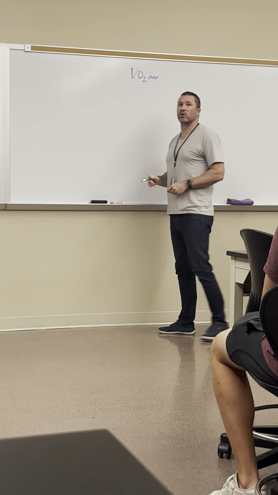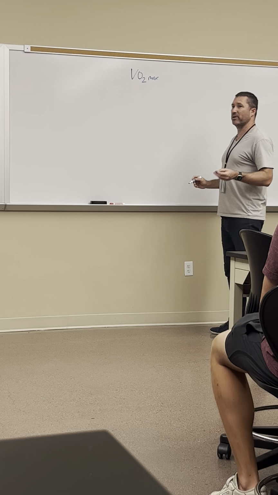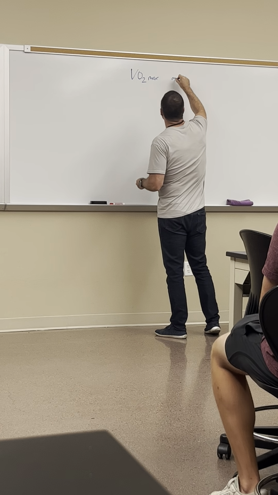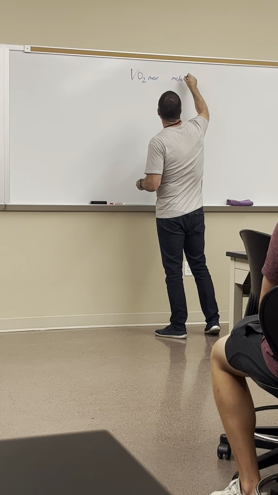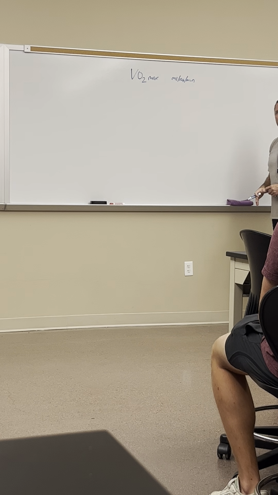VO2 max is a measure of oxygen consumption or oxygen utilization. It's the single best marker for aerobic capacity, aerobic function. VO2 max is typically measured in milliliters per kilogram per minute. That's relative. There's also absolute, which takes into account your body mass.